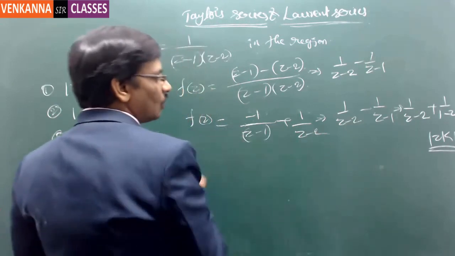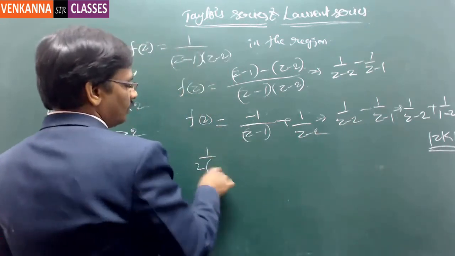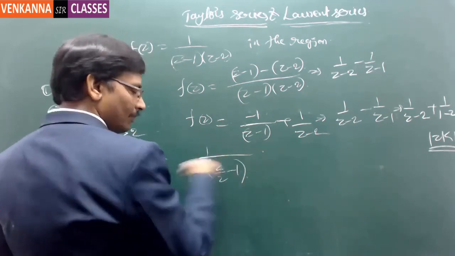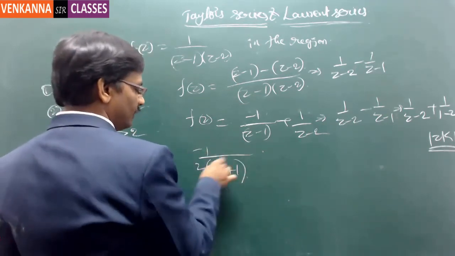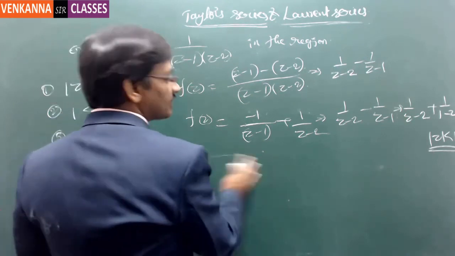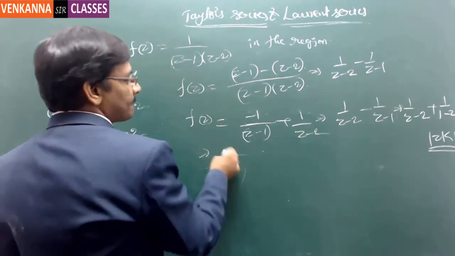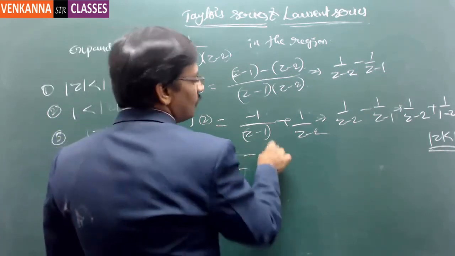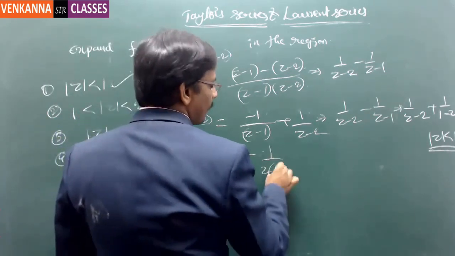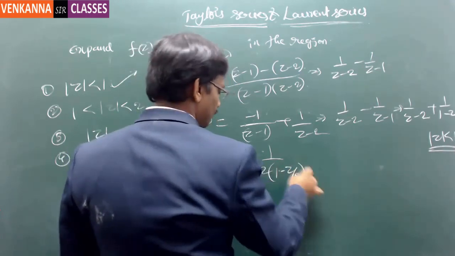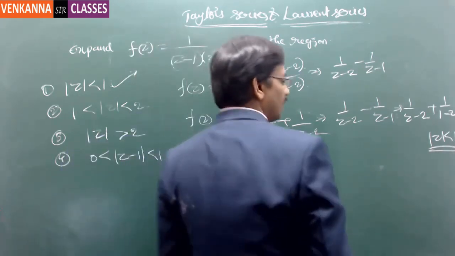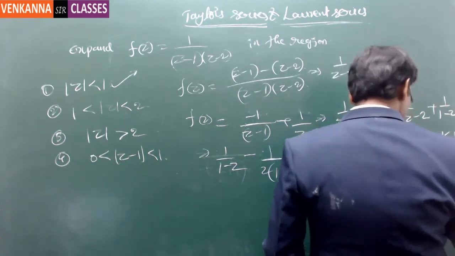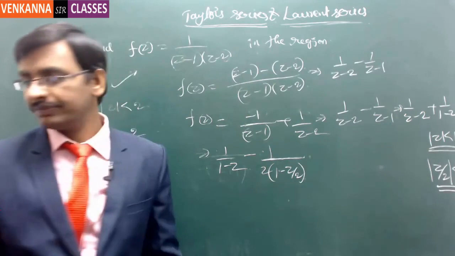So that is 1 by 2 into z by 2 minus 1, or minus also you can bring out. So this function you can write as 1 by 1 minus z minus 1 by 2 into 1 minus z by 2. This is how I can write it, because if mod z is less than 1, mod z by 2 also is less than 1.